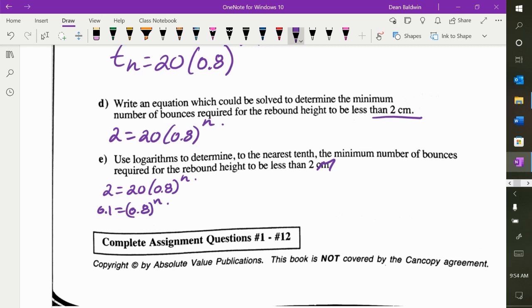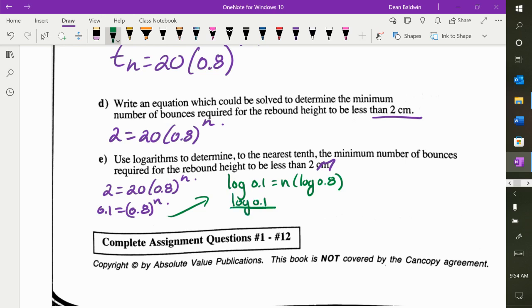Which log do you want to use? Natural, but write it weird. Log 0.1 equals n log 0.8. Divide by log 0.8.